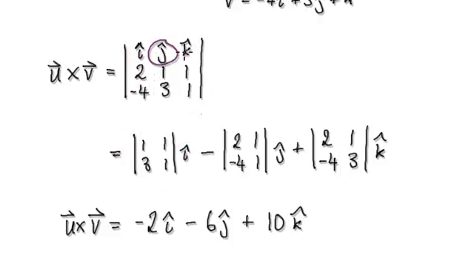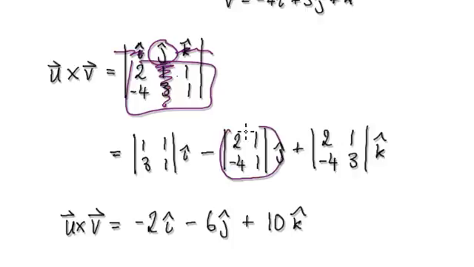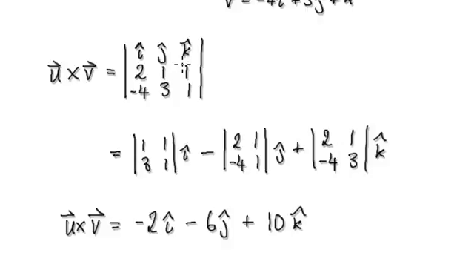Then looking at j, discard the horizontal, discard the vertical, and just look at this. Remember, it's got to be a minus. So it's plus, minus, plus. When you get to linear algebra, it's minus, plus, and so on. Now looking at k, discard the horizontal, discard the vertical, and just look at this.